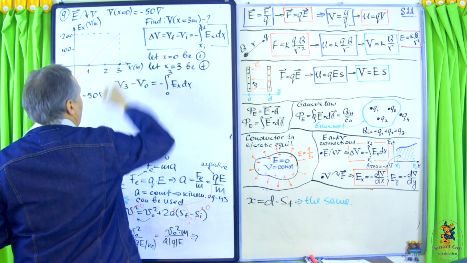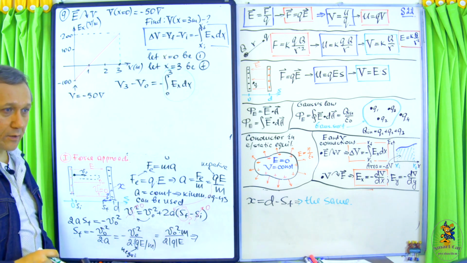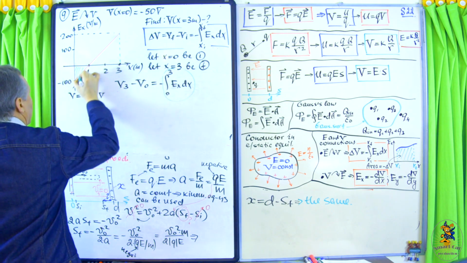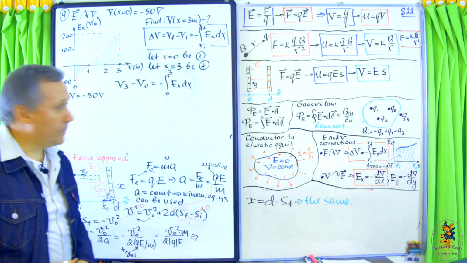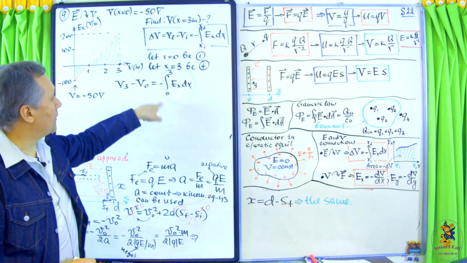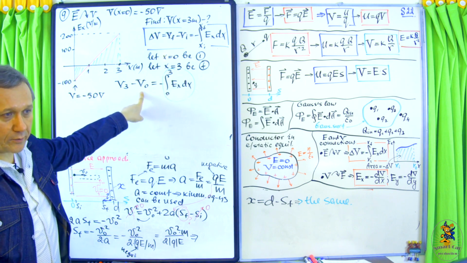So it's basically this integral equals the area under the curve E versus x. So we just need to find this area and that area, add them, and put the minus in front. So that will be the value of the right-hand side. And of course, then we will have to include this V sub 0.